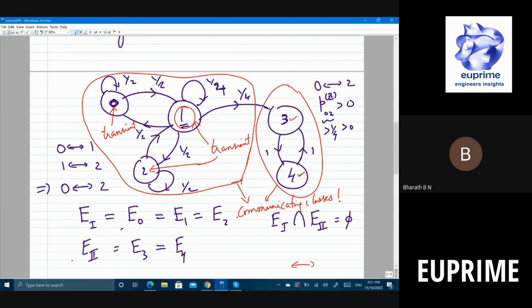It's always two-way paths that you should have. Then we say that it's recurrent. Otherwise, it's transient. See, the issue with 0, 1, 2 here is that there is a one-way path to 3, not a two-way path, right? That's the problem.